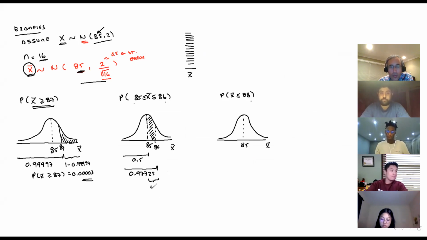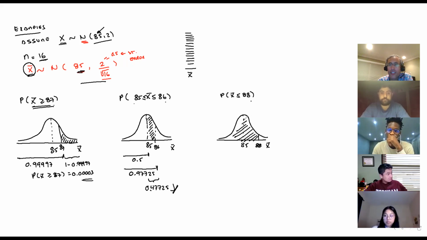So this is equal to 0.47725. And smaller than 88, obviously, is going to be almost 1, guys. You agree? So up to here is going to be 0.999999, etc.